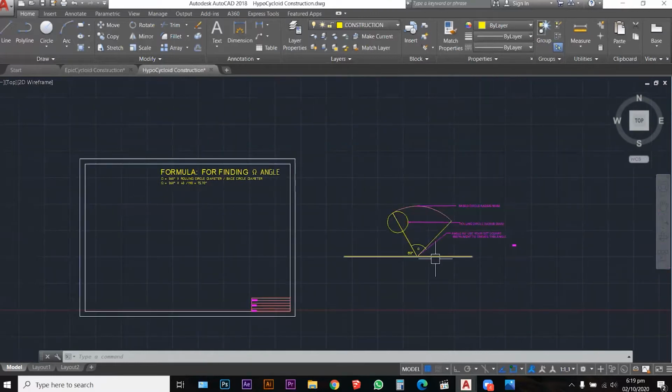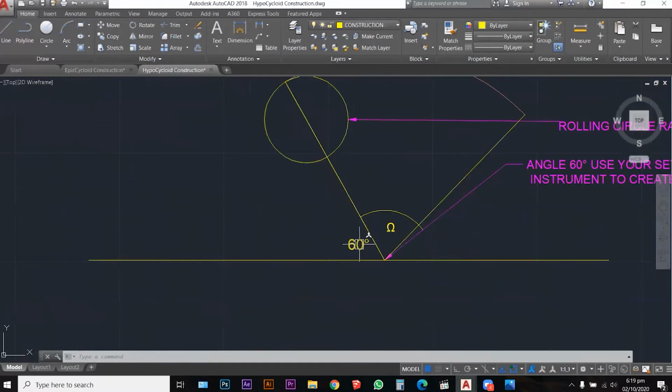Now, all that means is that if I want to find where this line is, I'm just going to add that 75.78 to the 60 that we already have to start our problem. And that gives us a total of 135 degrees. So from this line, which is our baseline, to the end of where the omega angle stops is 135 degrees.